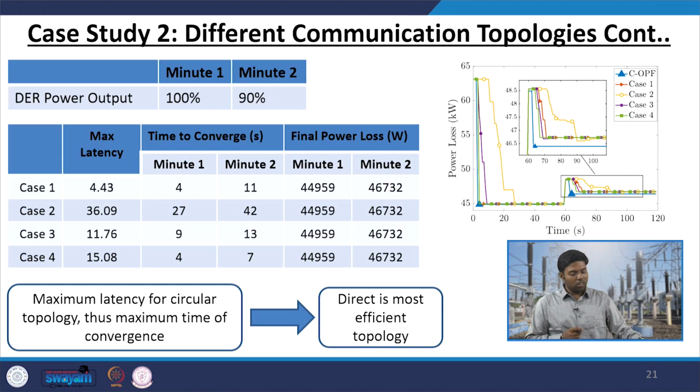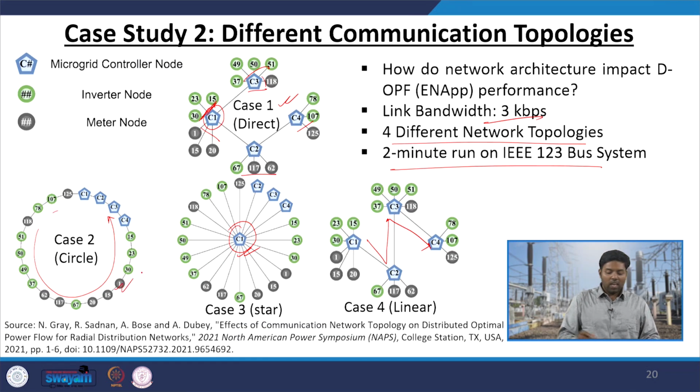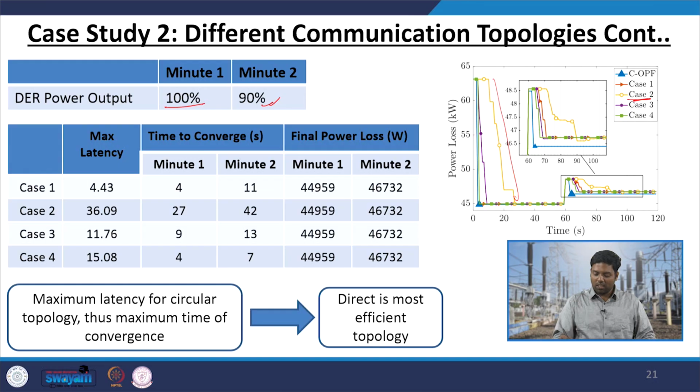So, this is the solution. You can see that for the first minute the DER power output is fixed at 100% and then reduced to 90%, and we can see that case 2, that means your circle, is imposing the highest latency in the system.